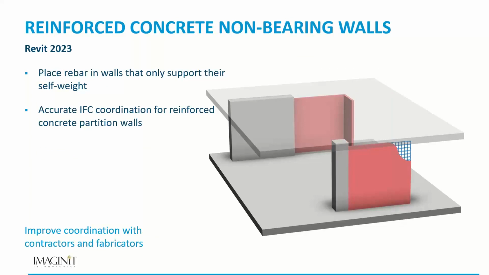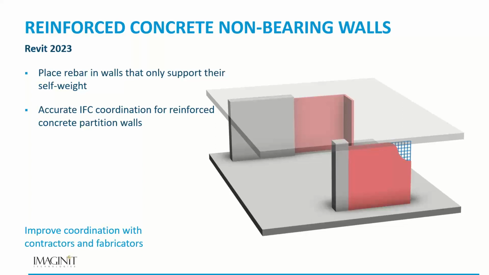So I mentioned I'm more from the architectural side of the world, so I don't spend too much time in structure or MEP. But here's one for our structural friends, which is nice. When I place a wall architecturally and I don't designate it as a structural wall, it's immediately designated as a non-bearing wall. And sometimes that wall actually needs to have some structure in it just to hold itself up, depending on its height, its girth, you know, whatever that may be.